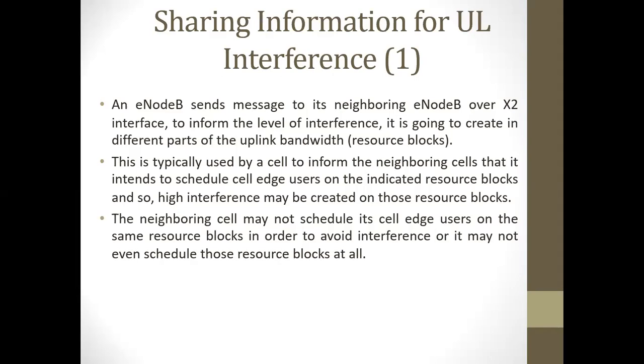And similarly, the neighboring cell will handle. Because the cell edge users in the uplink use high power, the neighboring base station will also receive significant power. So a similar problem, but now in uplink.